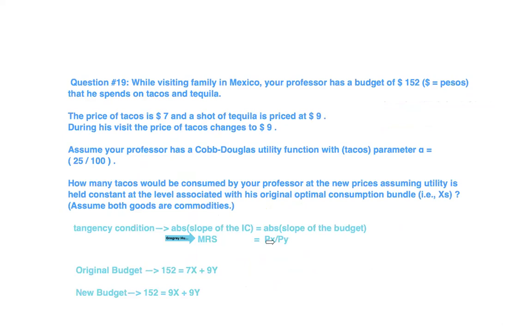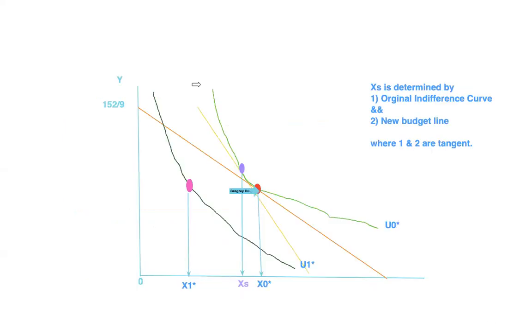But remember, if we're being careful, what's changed is that the price of X changed from the original price of X, which was 7, to the new price of X, which is 9. So to find these two, the red and the pink one, we need to use our MRS, and recognize that the red one is based on the original prices and the pink one is based on the new prices.